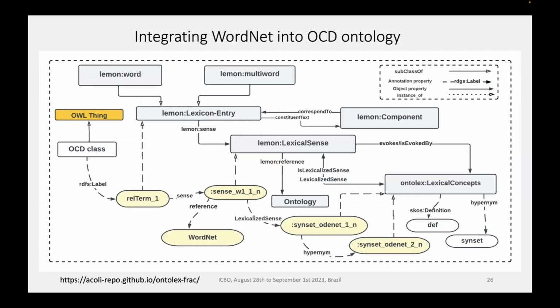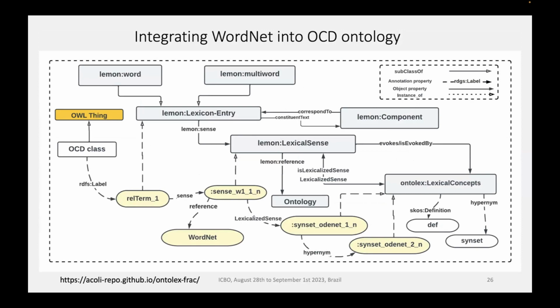So here, the integration of WordNet into the OCD ontology. We are using a design pattern, namely the ontolex model, that allows us to incorporate a lexicon resource, which is WordNet. Using this pattern, we can represent the synonyms of OCD concepts, and it's not just synonyms.